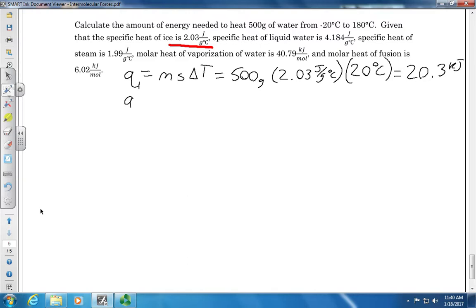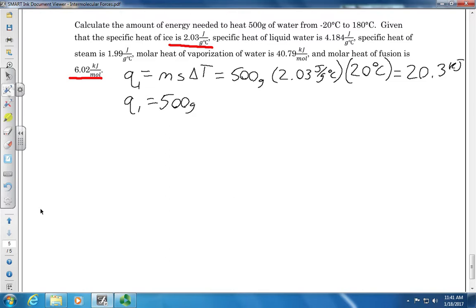So that's the first leg of our journey. Second leg, we're converting solid water to liquid water using the molar heat of fusion, which is right here, 6.02 kilojoules per mole. So for this, we're going to take our 500 grams again, because the mass of the water does not change.